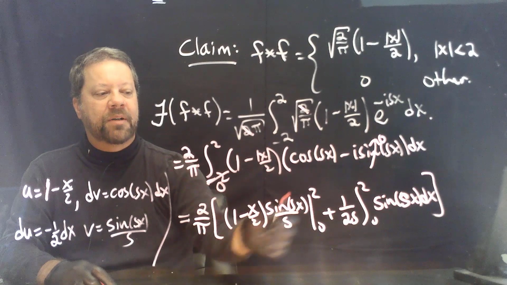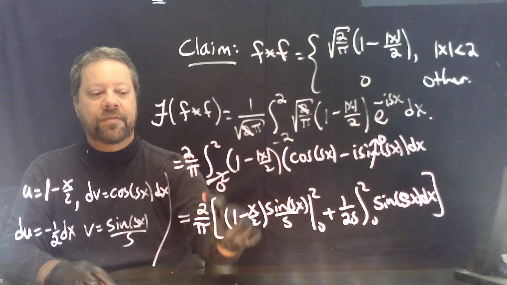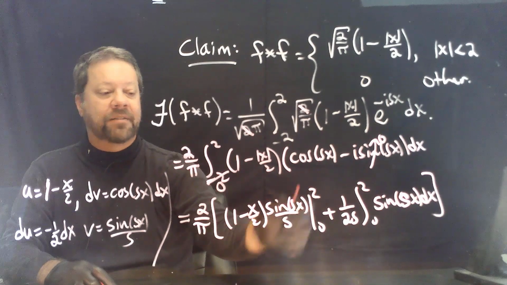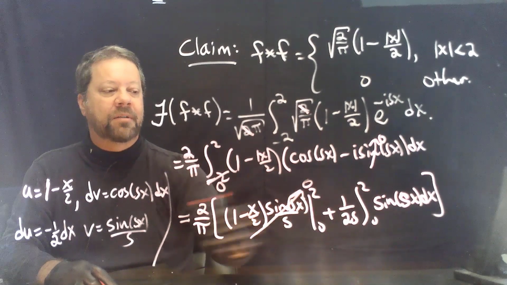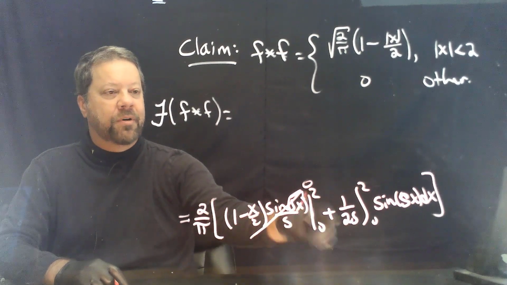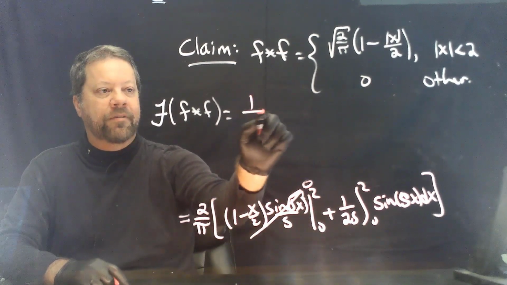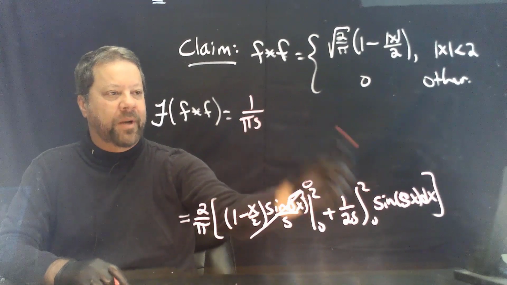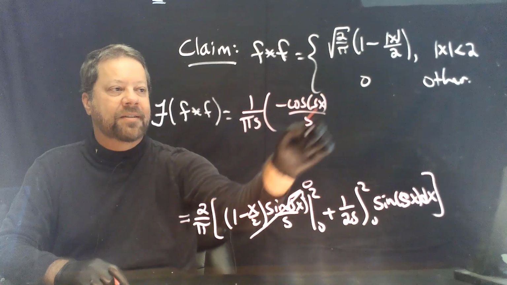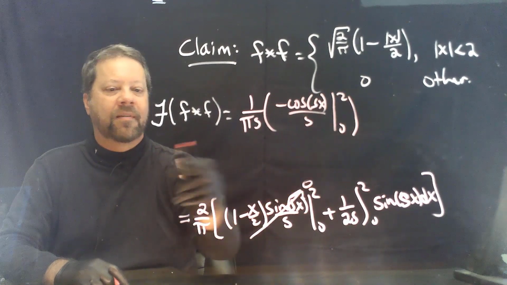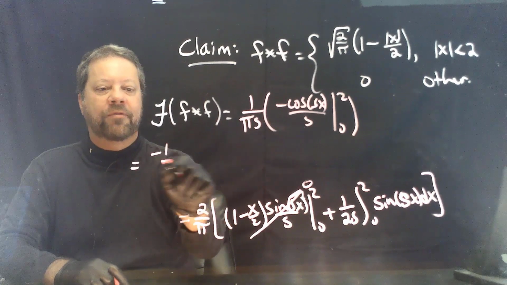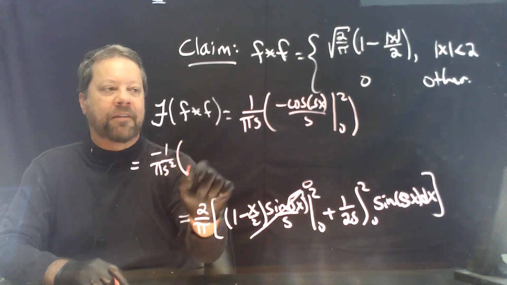On this first term, when you plug in the 2 in this first factor, you get 0. And when you plug in 0 in the second factor, you get 0. So the first term contributes nothing. And what remains, we'll distribute the 2 over pi and get 1 over pi s. When we integrate sine, we'll have negative cosine of sx divided by s. Let's see, the negative 1 over pi s squared will be out front.